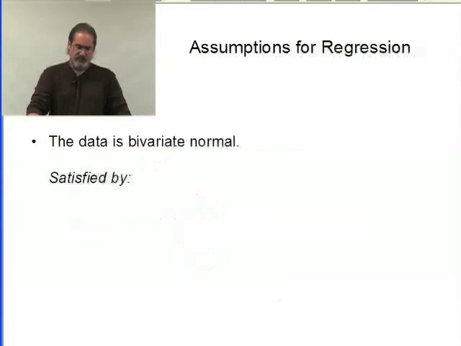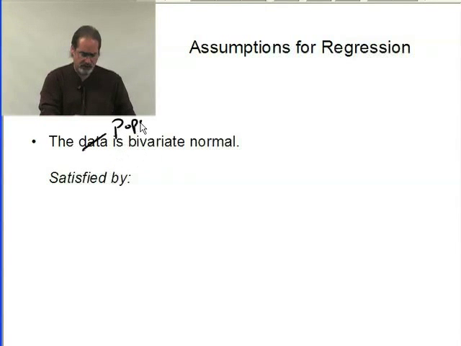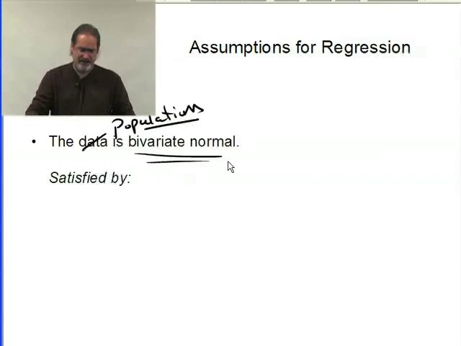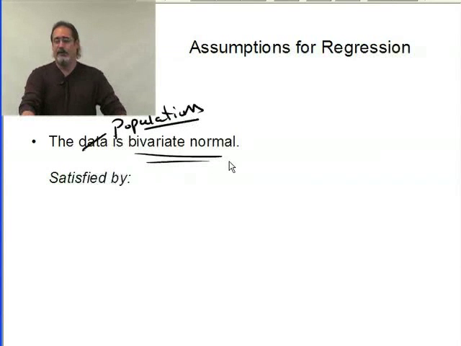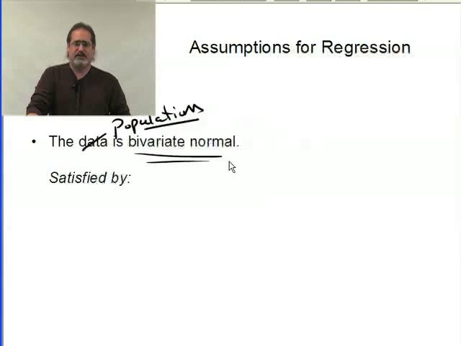Now, the assumptions. The first assumption is that the data, actually I shouldn't say data, we should say population, that the population has a bivariate normal distribution. Now in reality, this is extremely difficult to actually check.